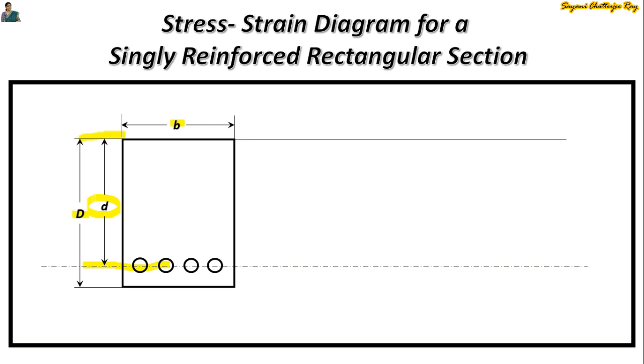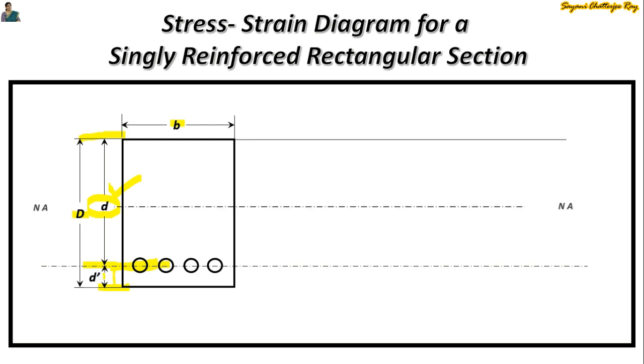The effective depth is designated by small d, and the distance between the center of the steel bars to the bottommost edge of the beam is known as the effective cover. So the effective cover is the distance between the center of the reinforcement and the bottommost edge of the beam.